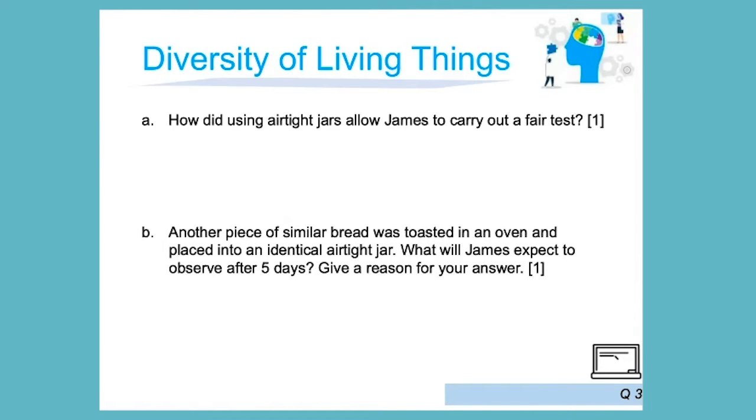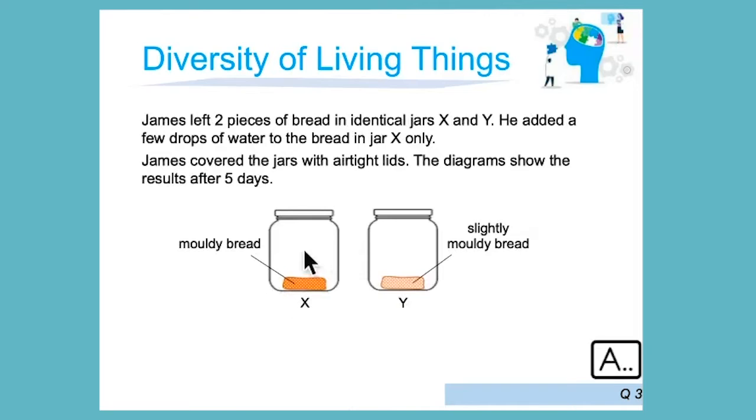Let's look back at the experiment again. This one has water. This one has no water. So what is present in air? An abundance of water vapor, right? If I don't use airtight lids, both breads will have access to the abundance of water vapor. So in the end, there is no variable.